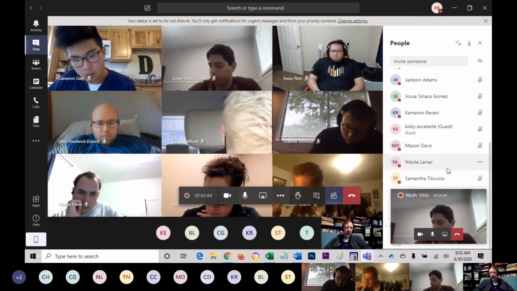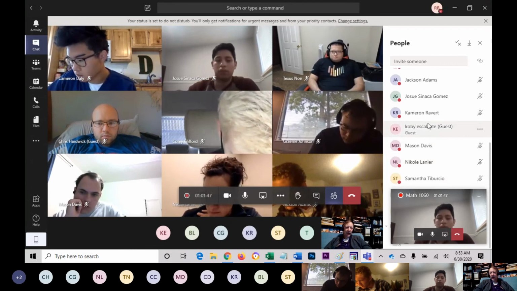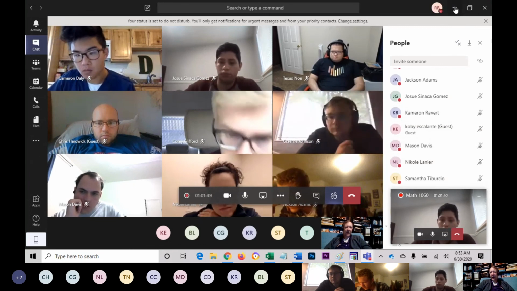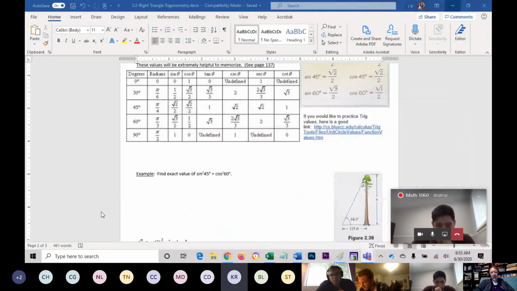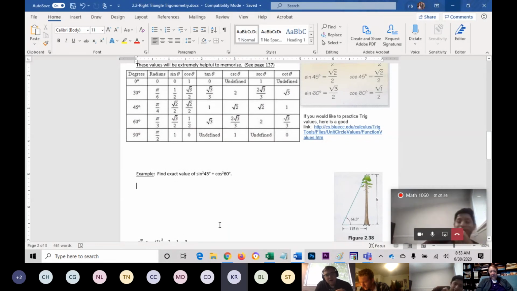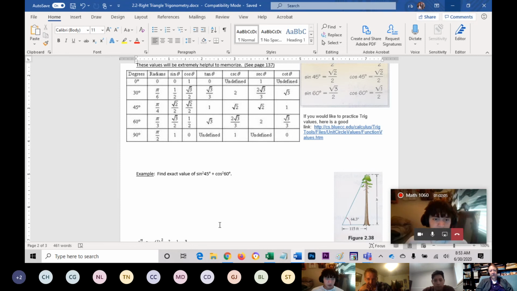So using the chart, Cameron with a K, Cameron Ravert, can you tell me, what is the sine squared of 45? Let's see. So would it be square root of 2 over 2 squared? That's exactly right. So square root of 2 divided by 2 quantity squared.